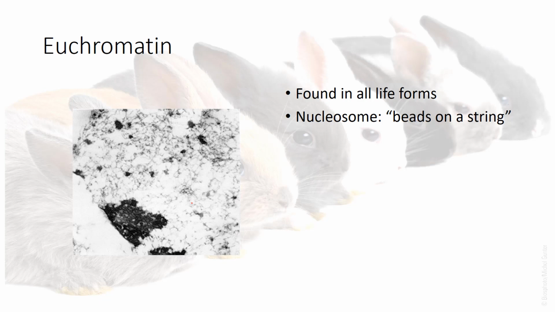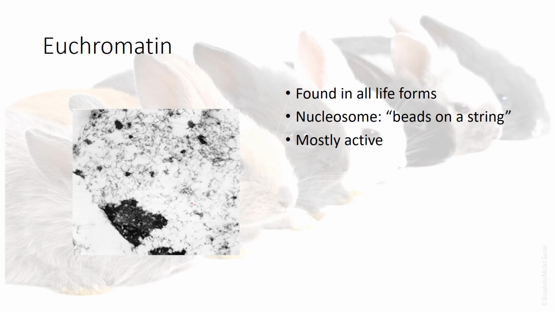And then you could even supercoil that, and it still gives you access to it. It's accessible by the machinery that needs to replicate DNA or copy DNA into RNA, but it still shortens the DNA enough that you can pack it into the nucleus. So this is mostly active.